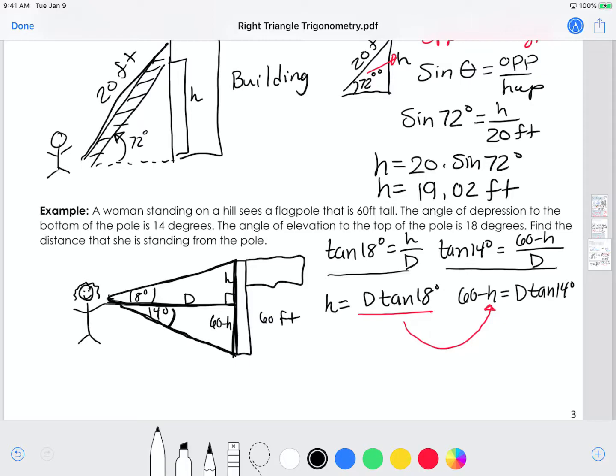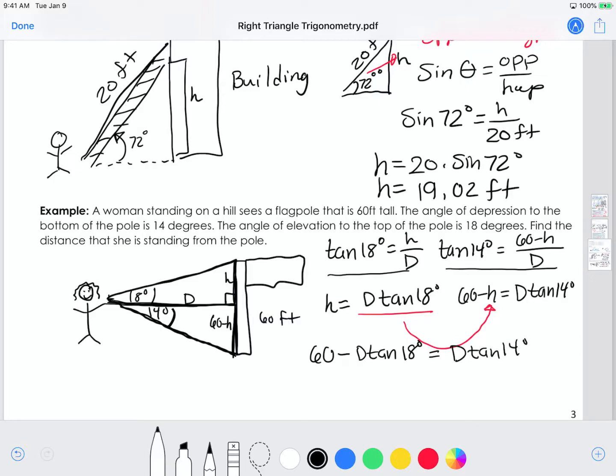So when I plug that d tangent 18 in for the h in the second equation, I'm going to have 60 minus d tangent 18 degrees is equal to d tangent 14 degrees.